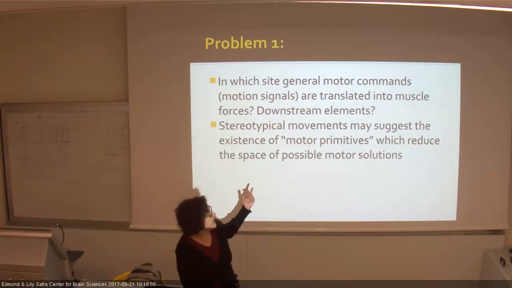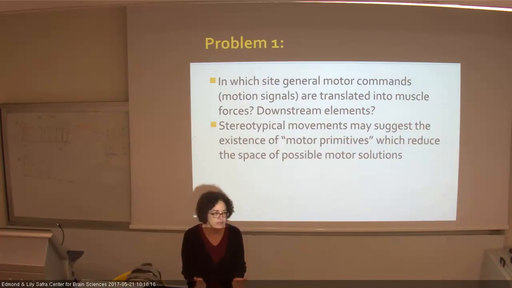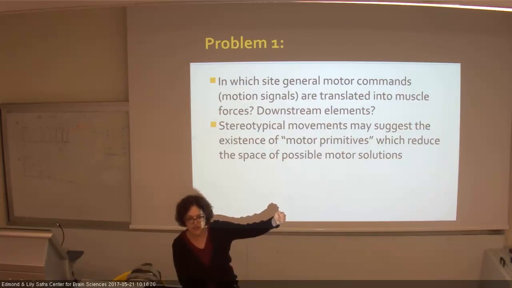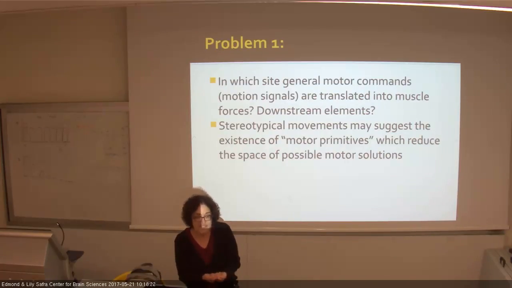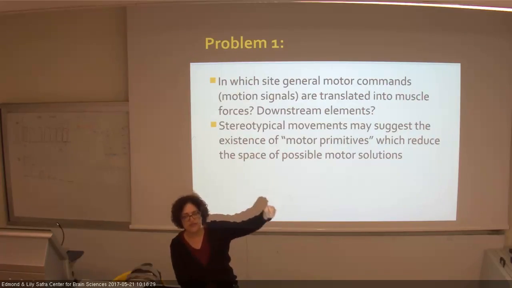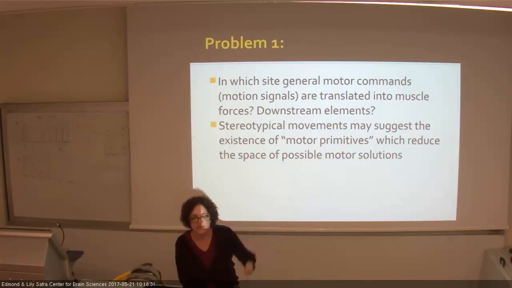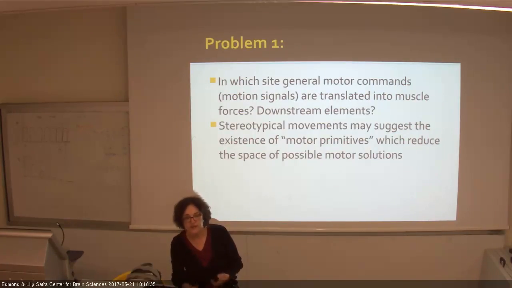However, the model suggested by Georgopoulos talks about motor command as being more abstract, being direction, and this really leaves the problem of where the translation from this abstract representation of movement direction into muscle command takes place, right?